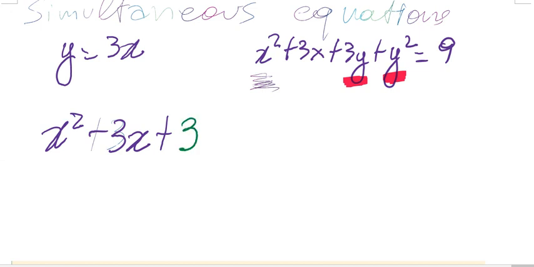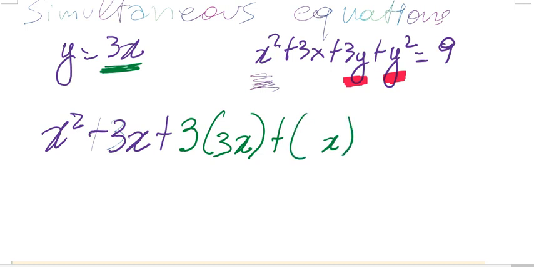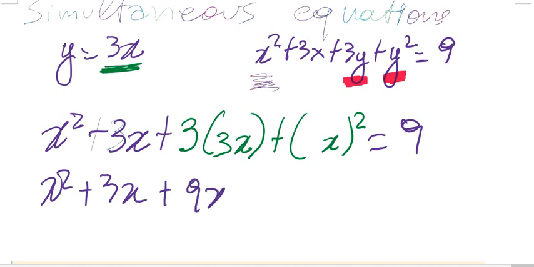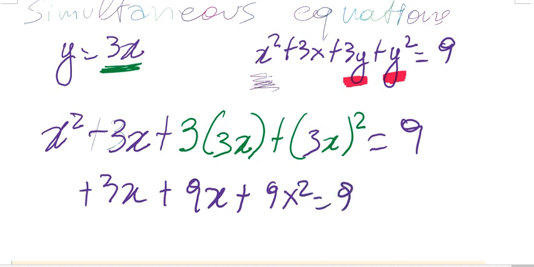So I can go plus 3 brackets. What is instead of y? 3x. Close the brackets, plus here, instead of y, I will go 3x, and because the y is squared, I will put that squared, equals 9. So in this case, I would be solving, and I would find x squared plus 3x plus 9x plus 9x squared equals 9.